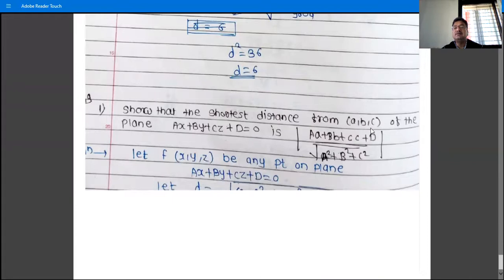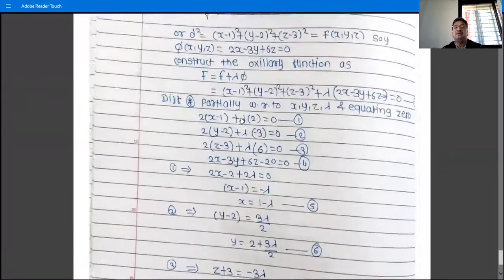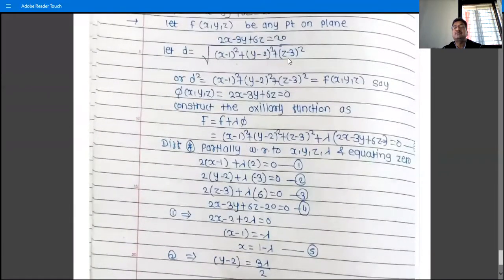That is, d is root of x minus a bracket square plus y minus b bracket square plus z minus c bracket square. Then d square is x minus a bracket square, y minus b bracket square, z minus c bracket square, that is f of xyz, and pi xyz is ax plus by plus cz plus d is equal to 0.